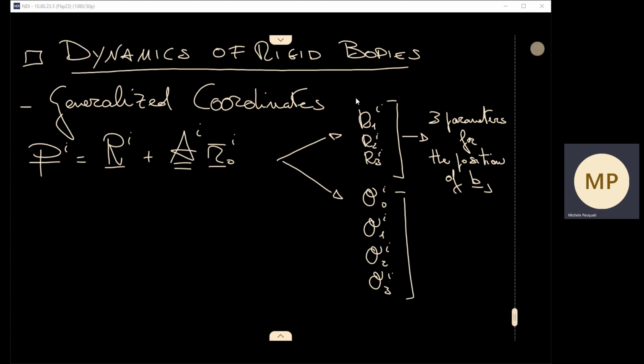So 3 or 4 parameters for the orientation of the body B^i. So the vector of generalized parameters here is the following.